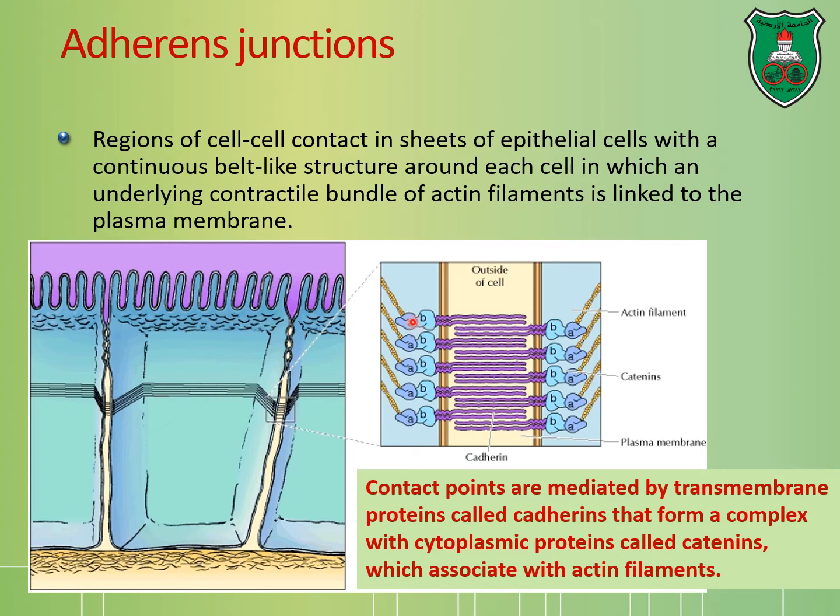These interact with the actin cytoskeleton. So what happens in one cell can transmit a signal into the other cell via these cadherin and catenin proteins. These structures are known as adherens junctions. They form sort of a belt around cells, with cadherins interacting with each other, so you have a sheet of cells interacting with each other.